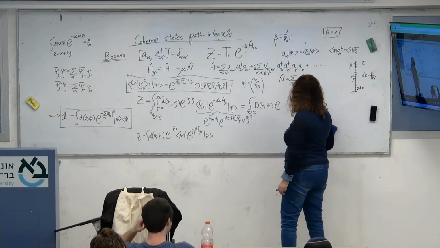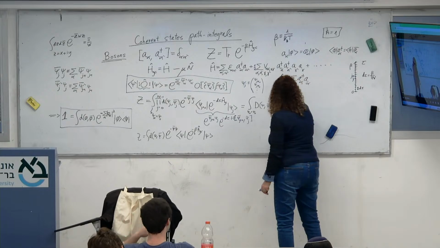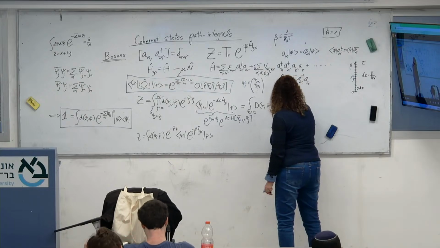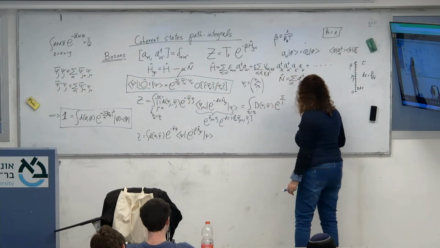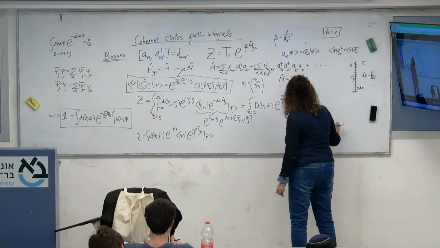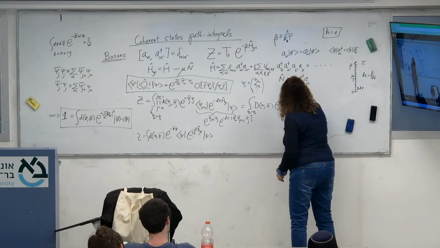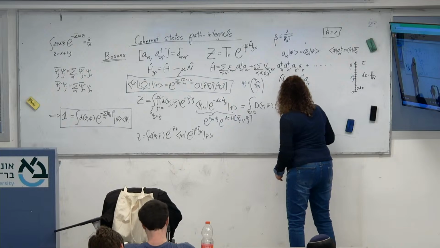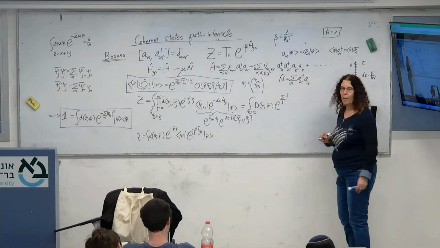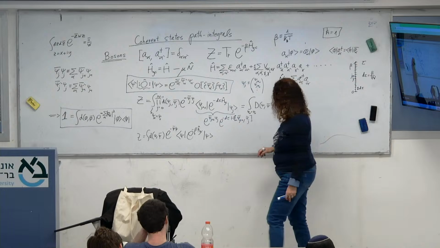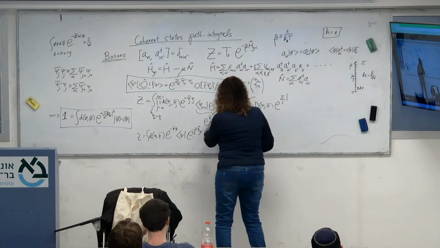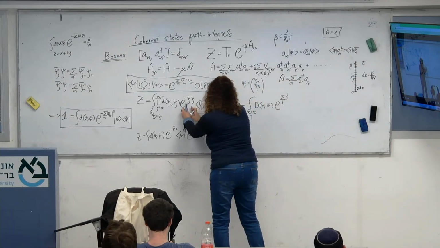I have the exponent of a sum over j of, put in curly brackets, what I have. So first of all, I have a term coming from the product of these two exponents.